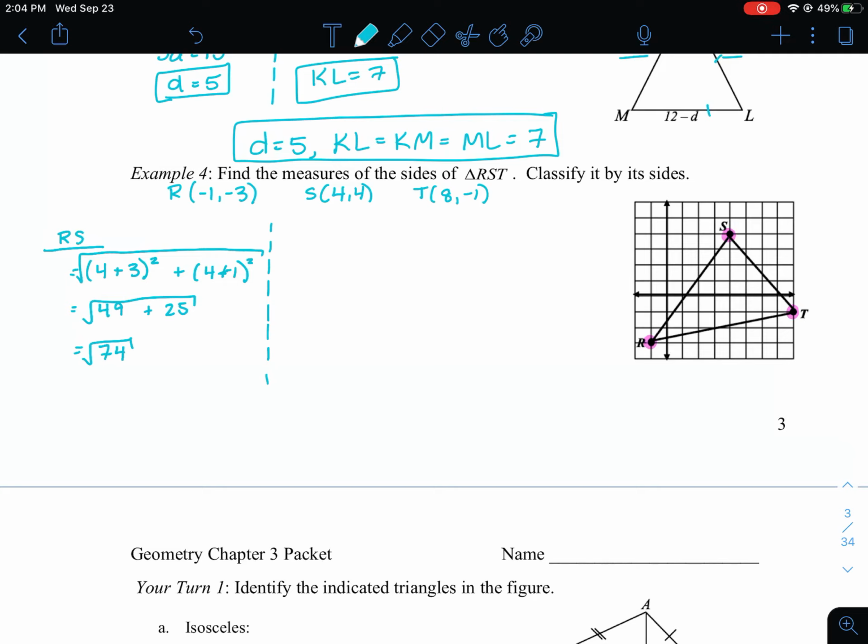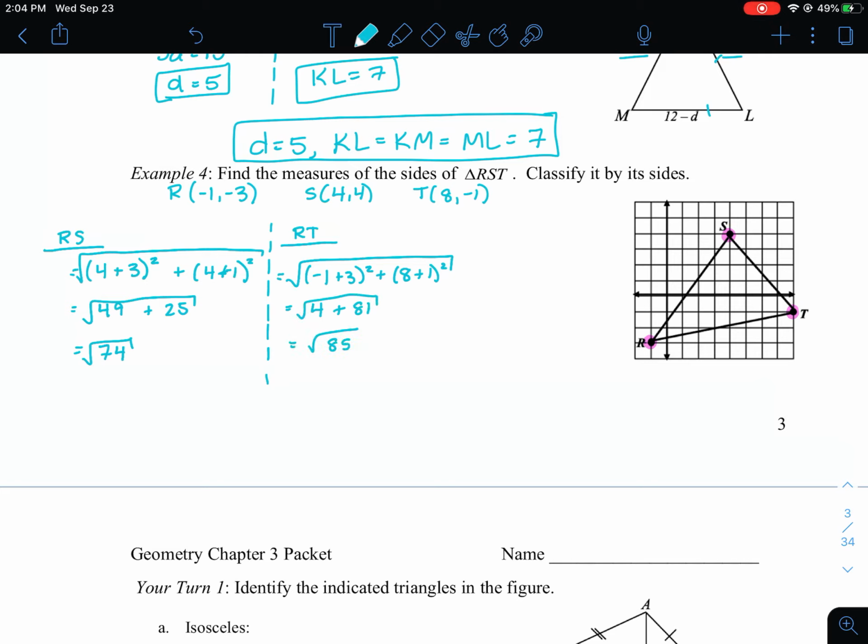The next side, let's do RT. So R and T. So I'm going to do -1 plus 3 squared plus 8 plus 1 squared. Don't forget 2 negatives gave me those positives. So we get 2 squared, which is 4, plus 9 squared, which is 81.